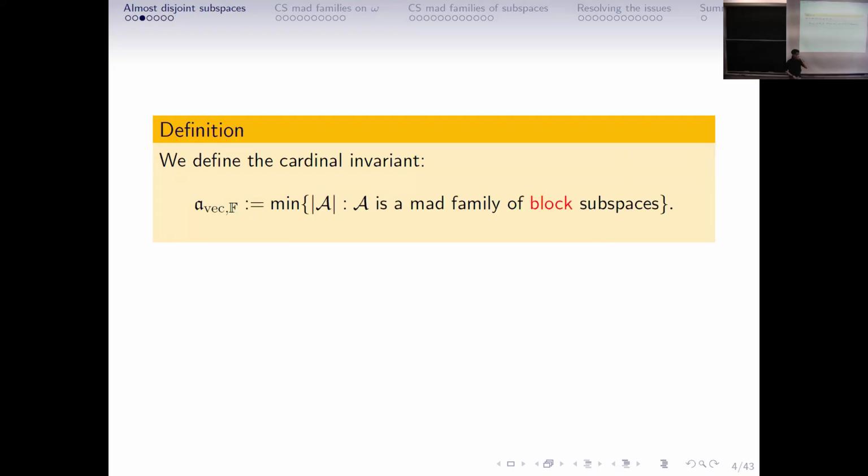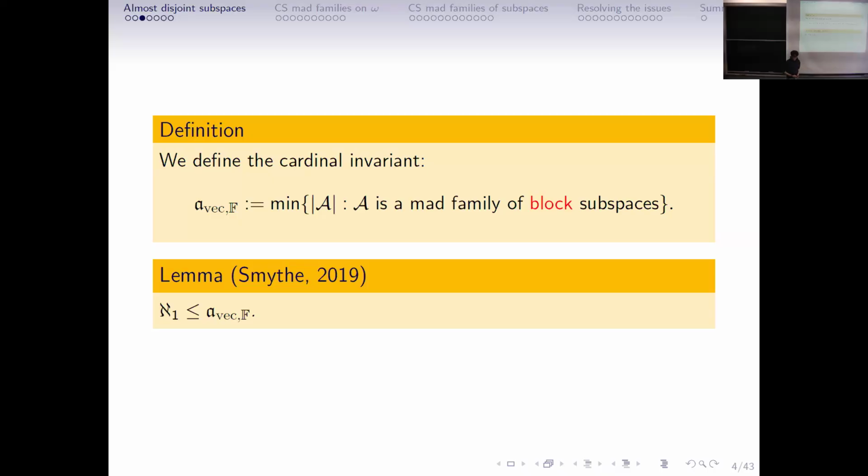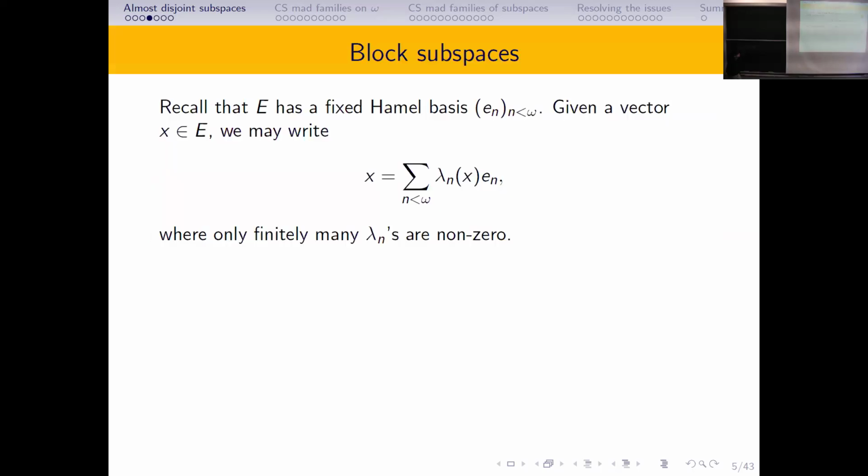There's a mad family of size 1, of course, which is the whole E. So it's the minimum size of an infinite mad family of block subspaces, I'll get to what a block subspace is in a moment. And it does turn out that this is uncountable. This was proved by Ian Smythe in 2019. So it is meaningful to talk about a_vec, therefore.